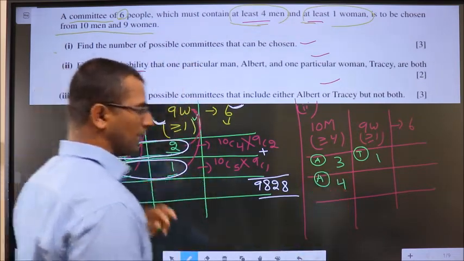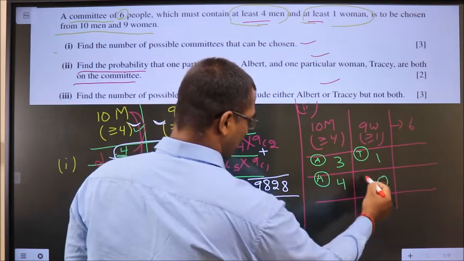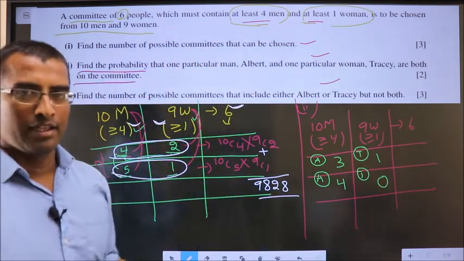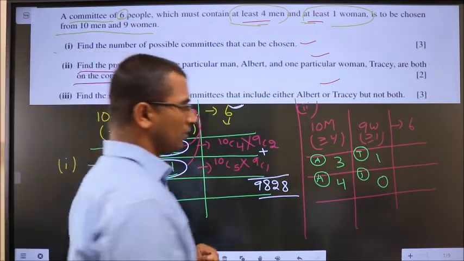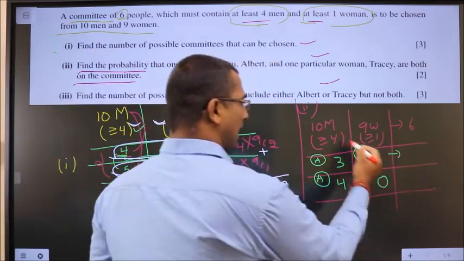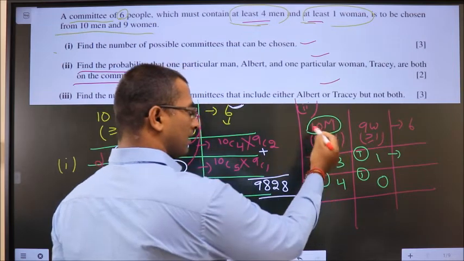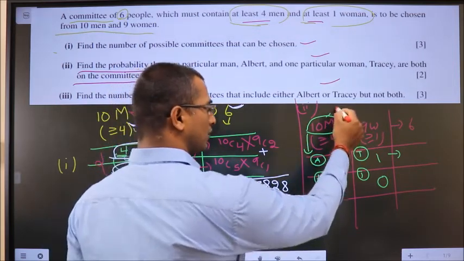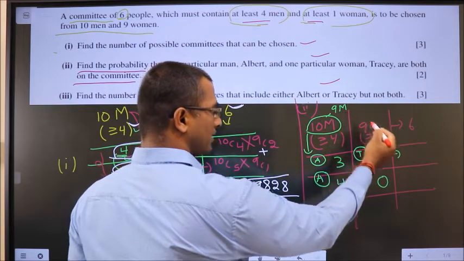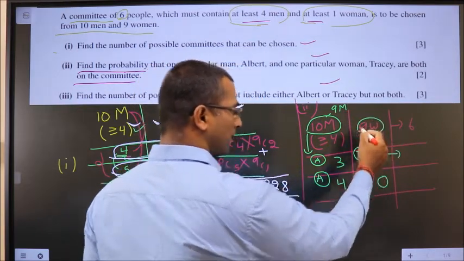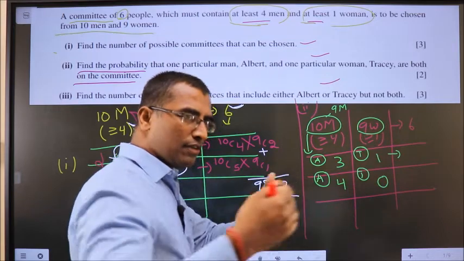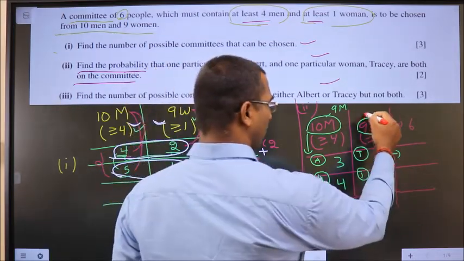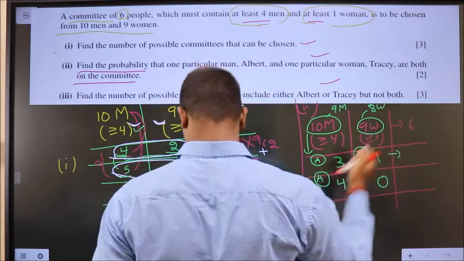Earlier 1 woman, so I make it 0, since Tracy is already present. Clear? Now over here, earlier there were 10 men, but now Albert is gone, so the count will decrease to 9 men. Same here, earlier 9 women, Tracy you have taken out and kept in your selection. That means now the woman count will also decrease to 8.